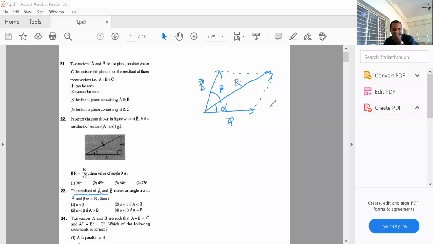Yes, we have constructed according to that question. Now what are they saying? Alpha is less than beta if A is less than B, alpha is less than beta if A is greater than B, alpha is less than beta if A is equal to B. Four options they have given. We need to find.